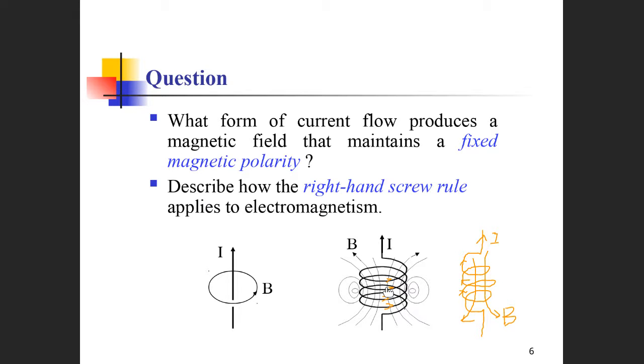Now for the same current with the same coil, if you change the coil's direction, you wind the current in a different way. If the coil's direction changes, even with the same current, the magnetic field is reversed. So that's the point.